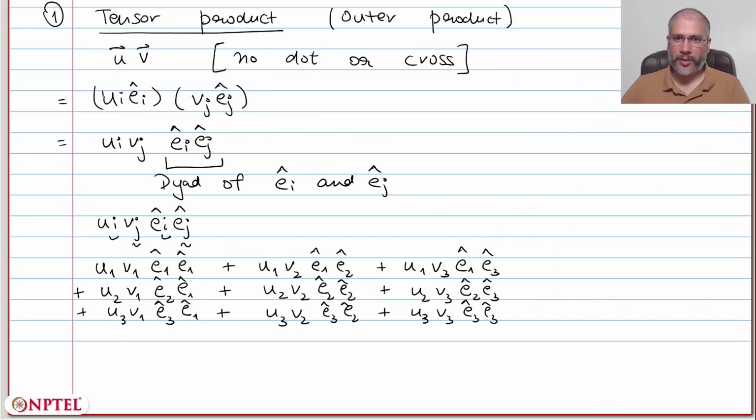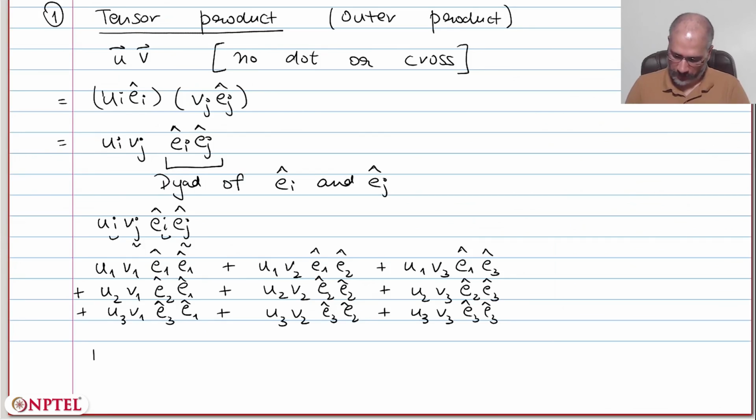So we can see there's a sum of 9 independent terms here, and this looks very much like a second order tensor, because in a second order tensor you have a total of 3 to the power of 2, that is 9 terms.